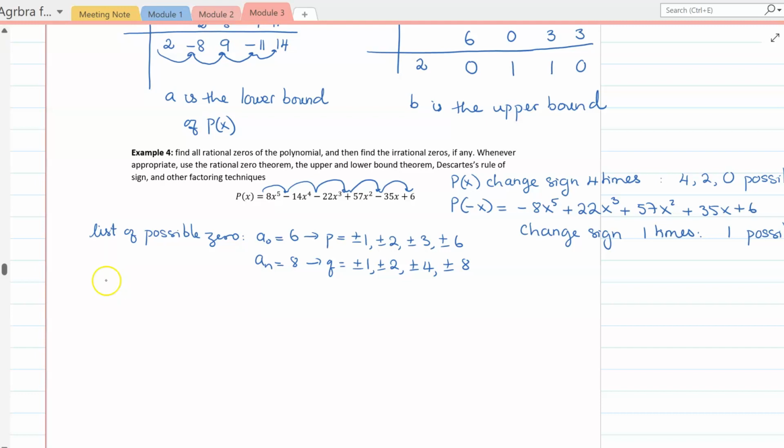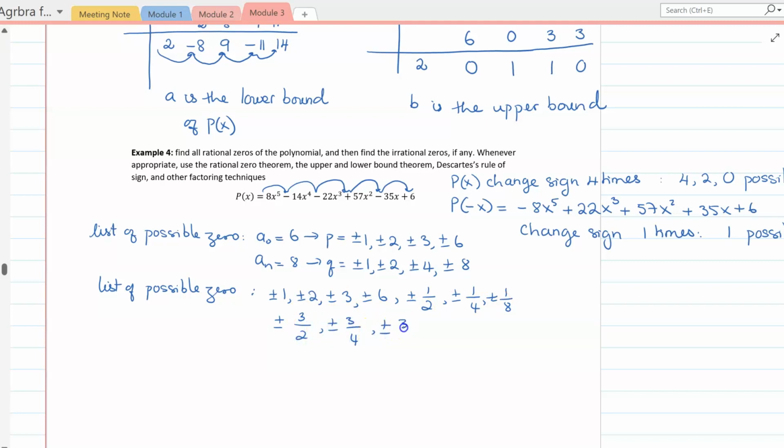So the list of possible zeros: plus minus 1, plus minus 2, plus minus 3, plus minus 6, plus minus 1 over 2, plus minus 1 over 4, plus minus 1 over 8, 2 over 2, 2 over 4, that is half, 2 over 8, that's 1/4, that's already accounted for, plus minus 3 over 2, plus minus 3 over 4, plus minus 3 over 8.